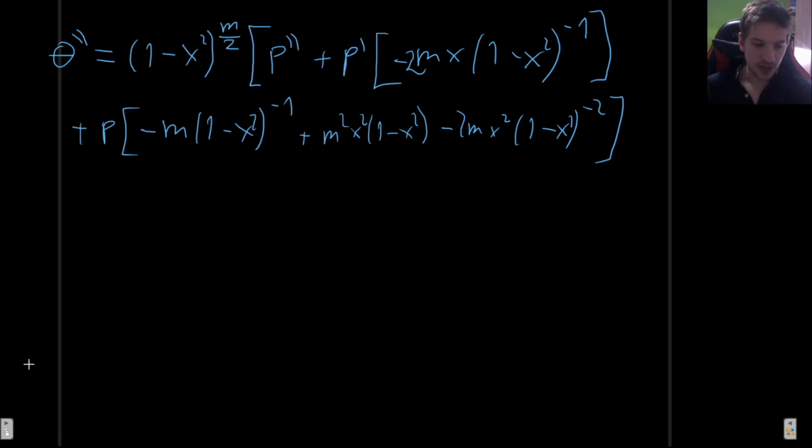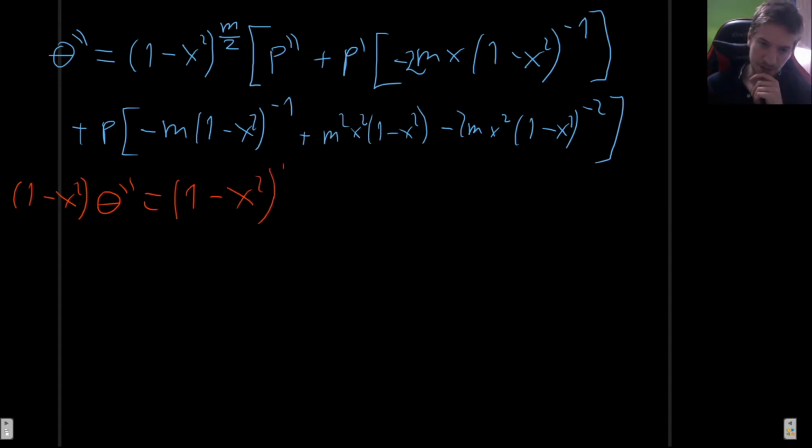I'm going to go back to red now, and what we want to do is multiply this by 1 minus x squared so that we can then add it to the rest, because that's what's in our actual equation. So when we do that, this thing right here will be the same, 1 minus x squared to the m halves factor of, and now when we multiply by 1 minus x squared, we get 1 minus x squared p prime prime.